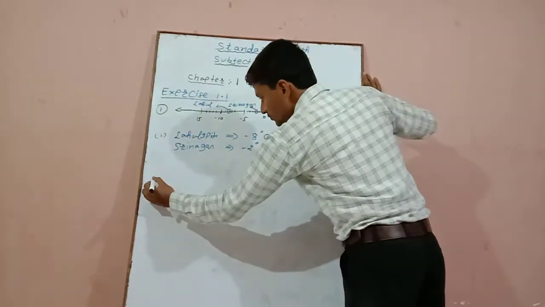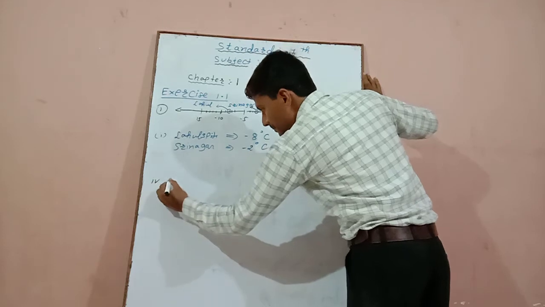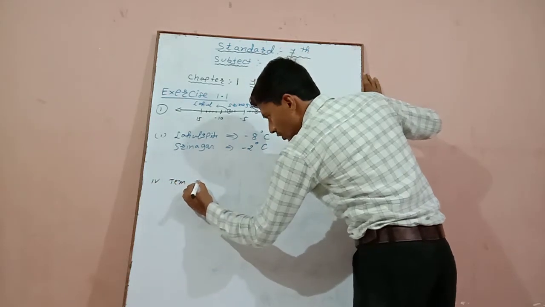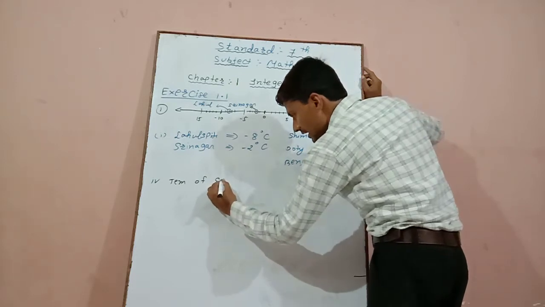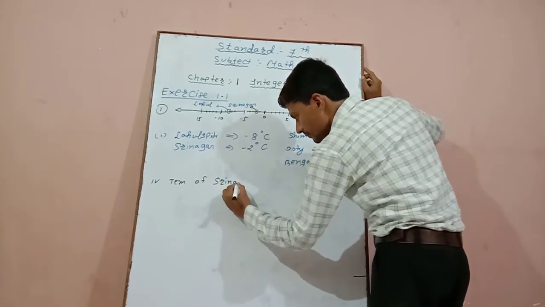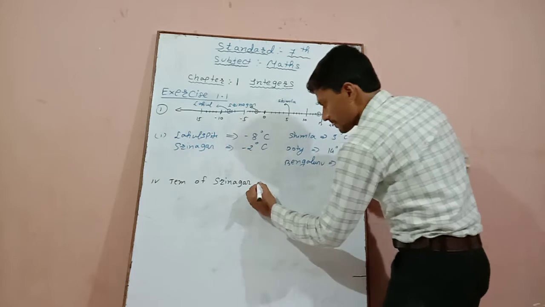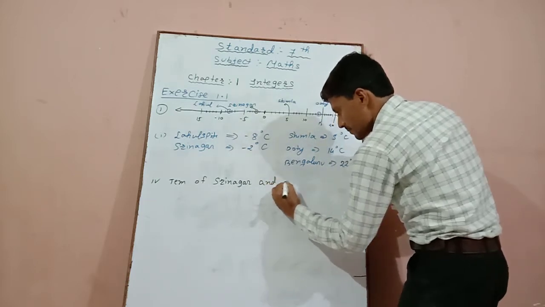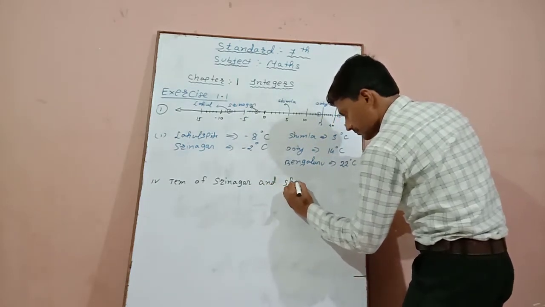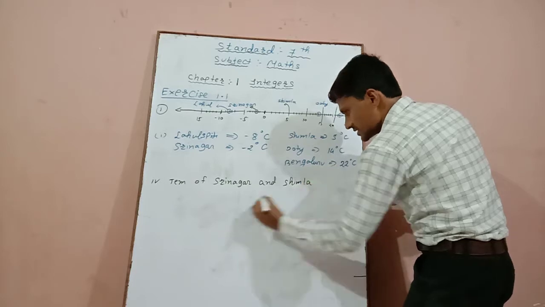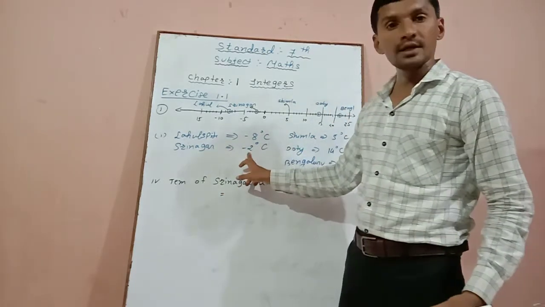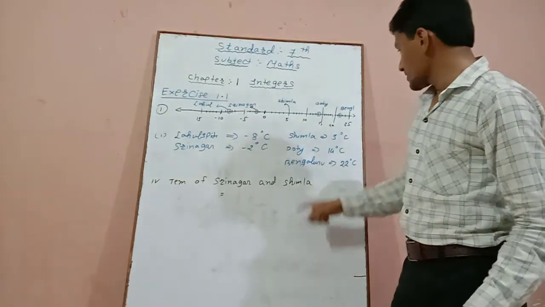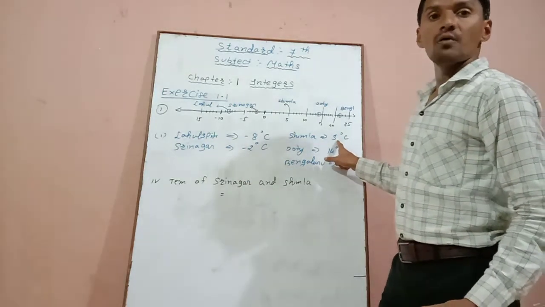In question number 4, the temperature of Srinagar and Shimla is equal to, temperature of Srinagar is minus 2 and temperature of Shimla is 5 degree.